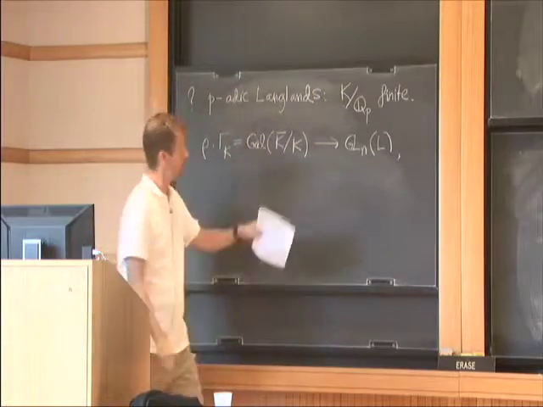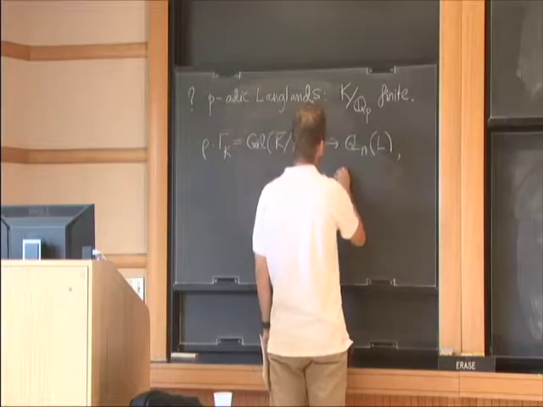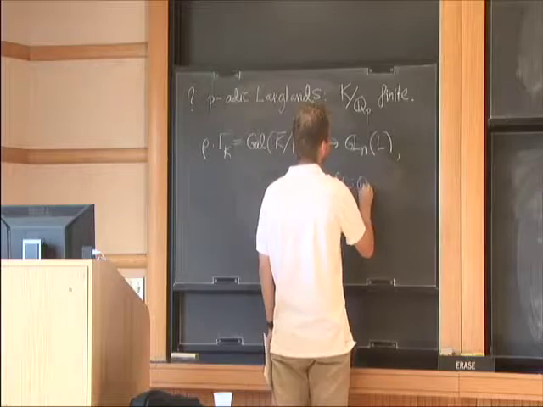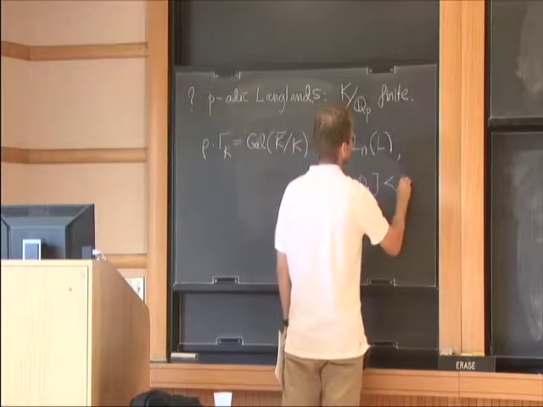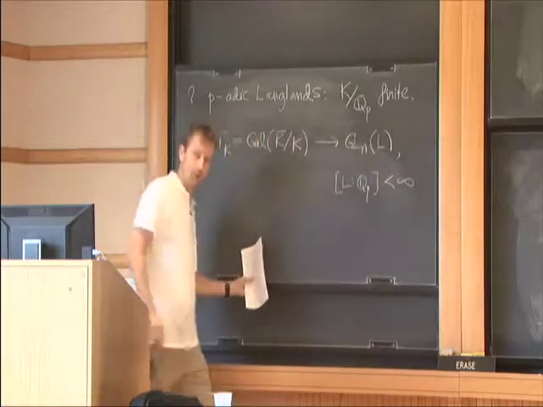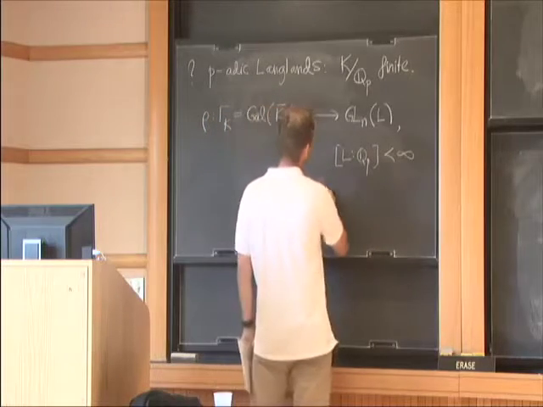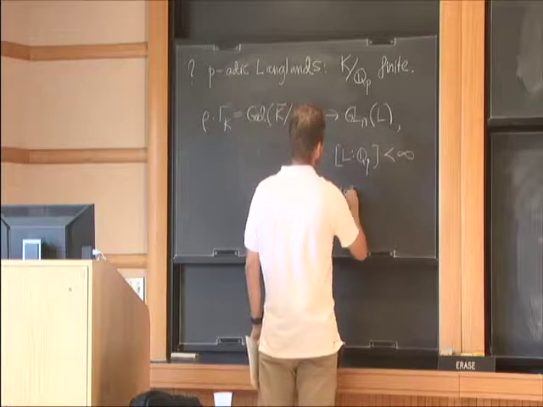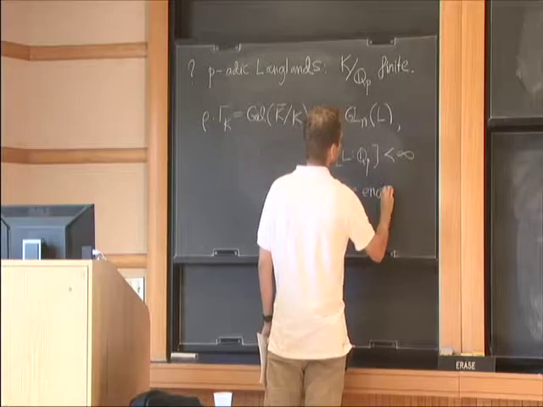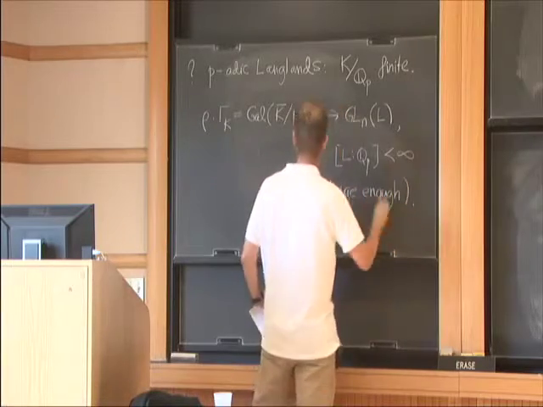So this is some finite extension L of Q_p, which is sufficiently large to contain the Galois closure of K, for instance.